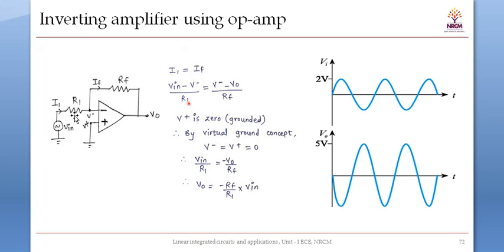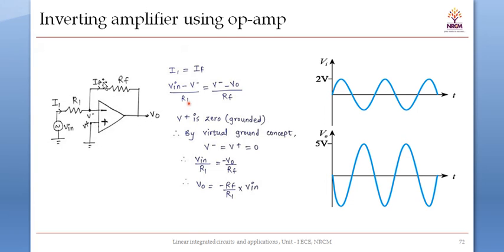So 1 milliampere into 1K is 1 volt, and 1 milliampere into 10K is 10 volt. In order to maintain VID equal to 0, the output should be minus 10 volt. So this 10 volt and this 10 volt cancel each other, and you get VID equal to 0.